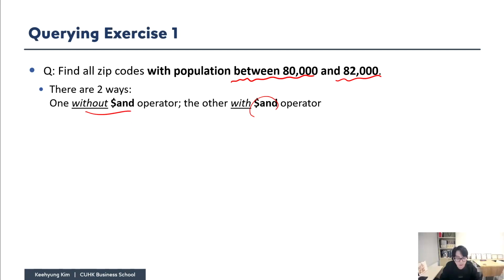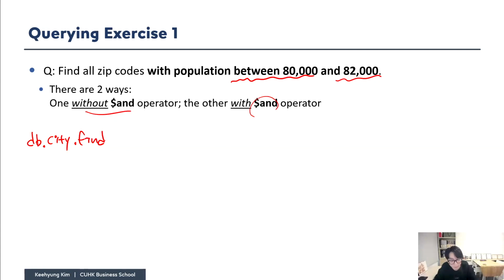In MongoDB, it's similar, it's coding. Depending on how you code, it may look different from the outside, but it's possible to give you the same result. In this case, we can design one query with the and operator, the other query without the and operator. For the time concern, I'll just show you how we can design the query for this question. The first query can be something like this. We have db, the database, and the information documents are stored in the CD collection, so db.cd, and we use the find function.